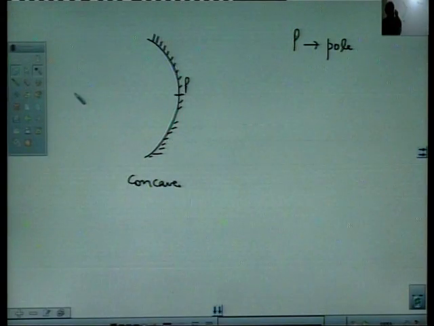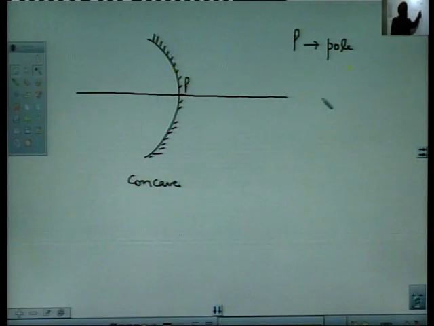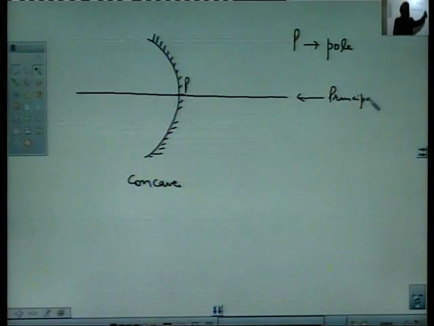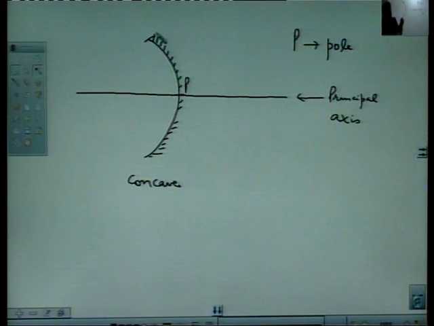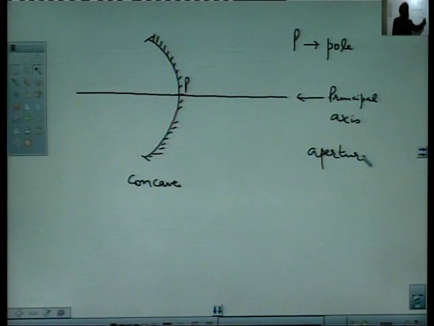The straight line passing through the pole is called principal axis. The size or diameter of this mirror is called aperture.